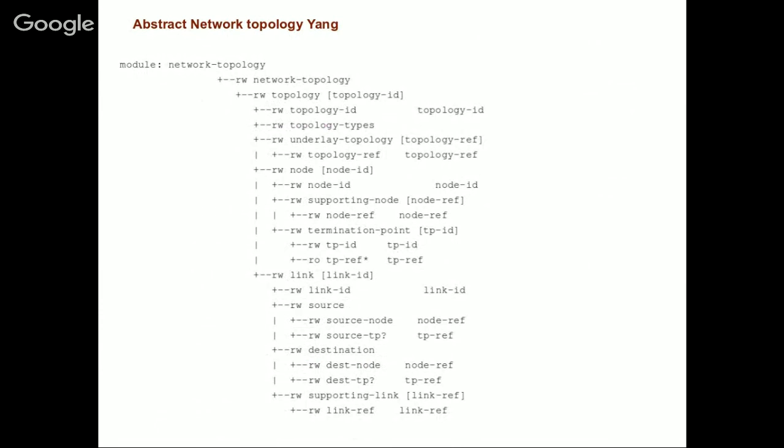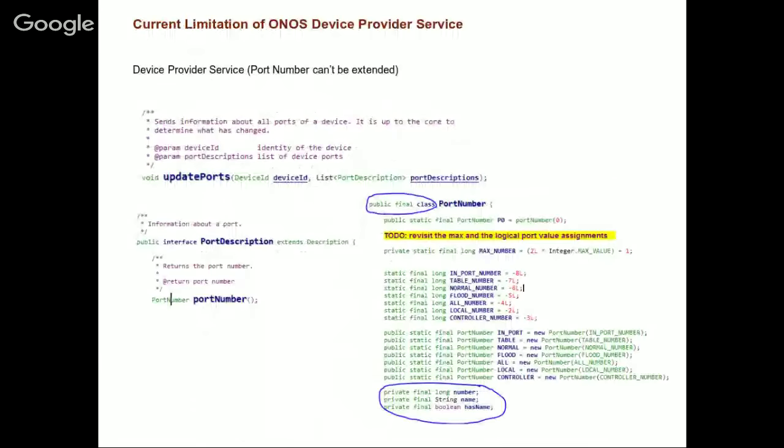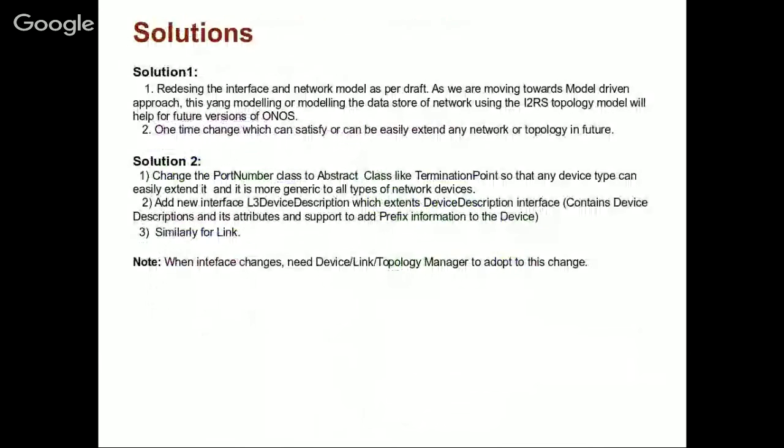We have some mechanisms for doing correlation, but doing it in a more generic way might be useful. So, yeah, I think changing the port number class to an abstract termination point may not be needed if all you care about is a device ID.